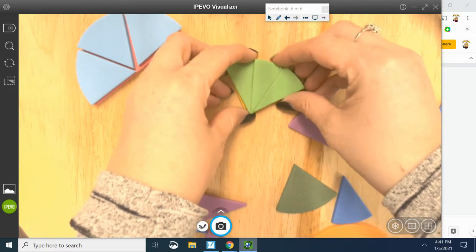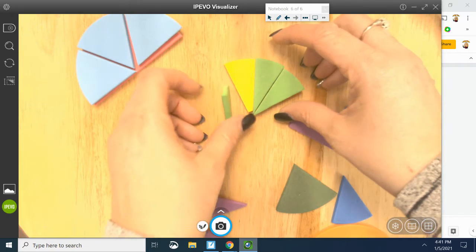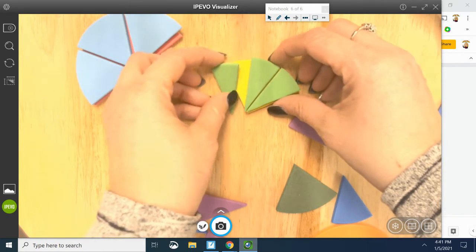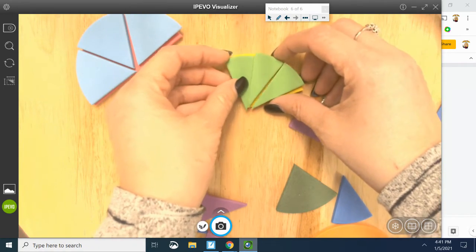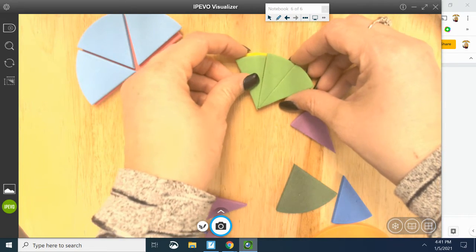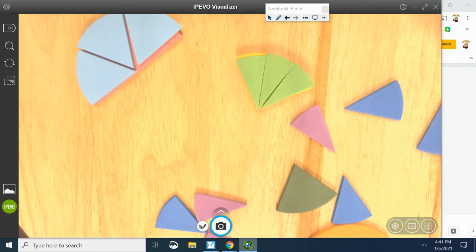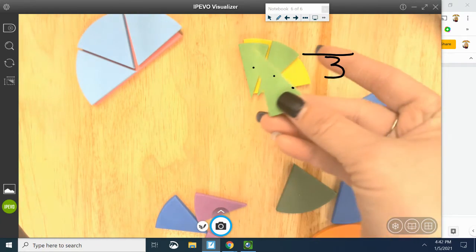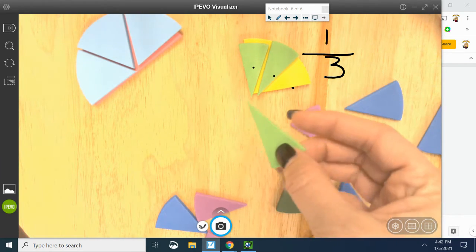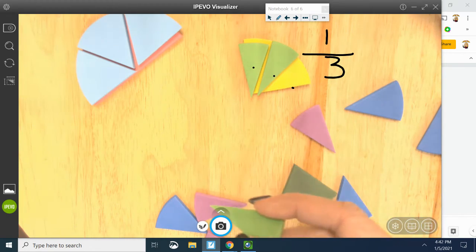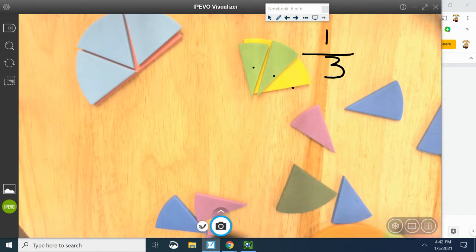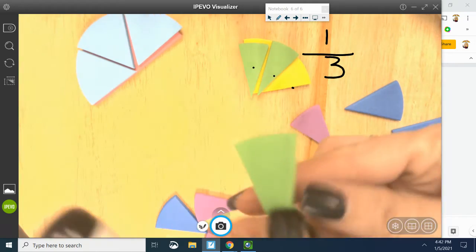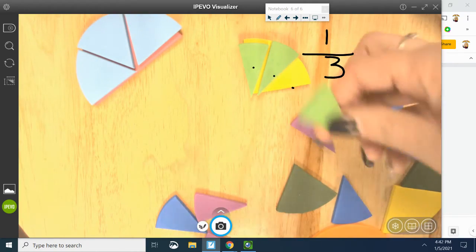And sure enough, the light green covers up the yellow piece in 3 equal pieces. So again, I have 3 equal pieces in my whole. In that fraction, we have the denominator is the number of pieces. And if I'm looking at just one of those, my numerator becomes 1. So this is 1/3.